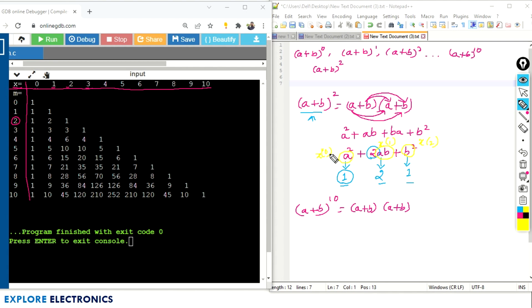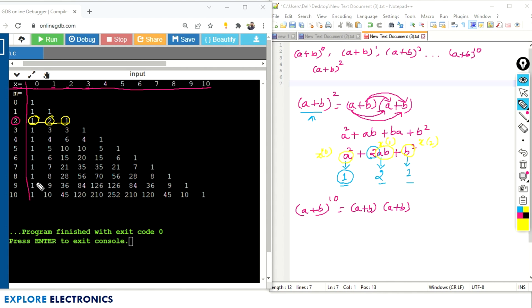That means 1 combination, 2 combinations, 3 combinations. For a binomial expression whose power is 2, we are going to get 3 different combinations, and the counts are what we call the binomial coefficient values, right?